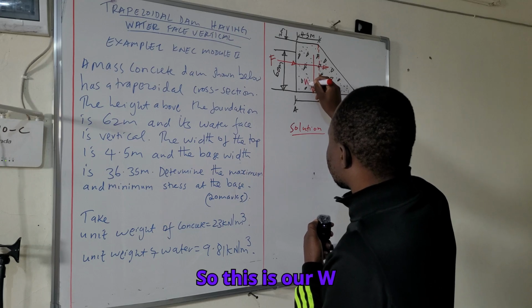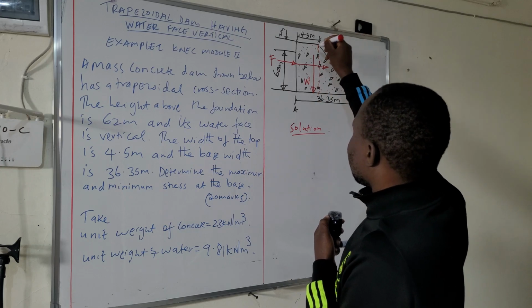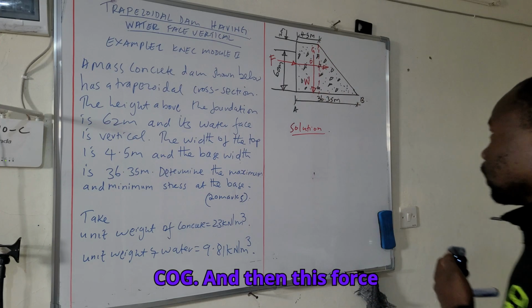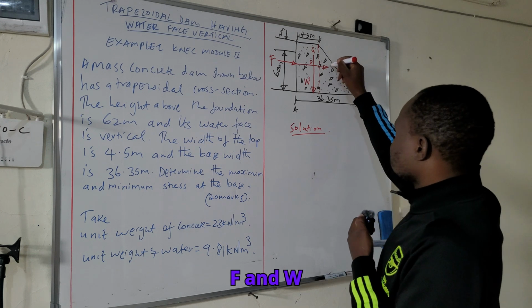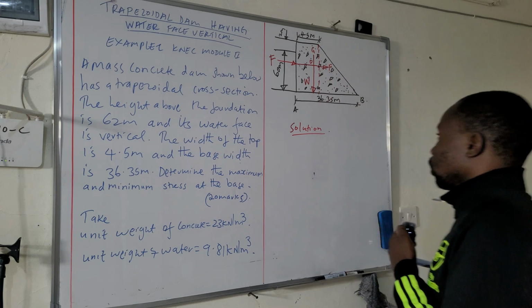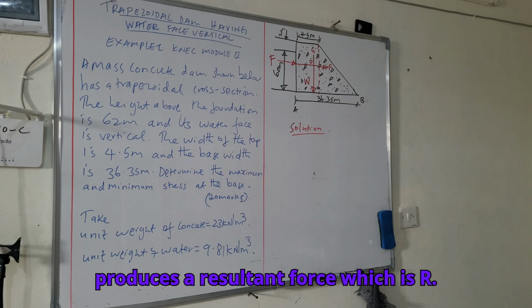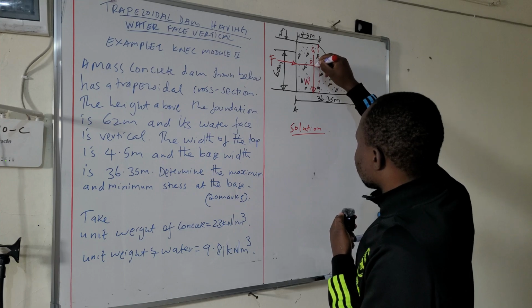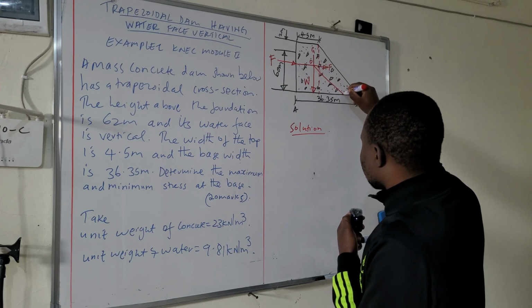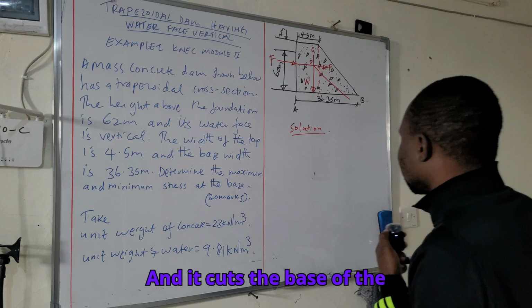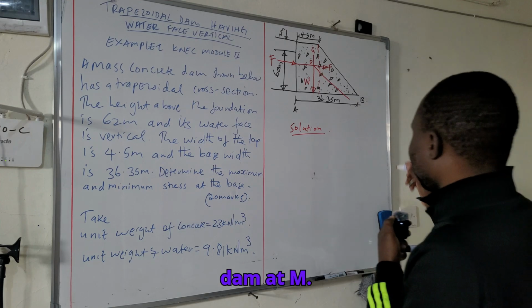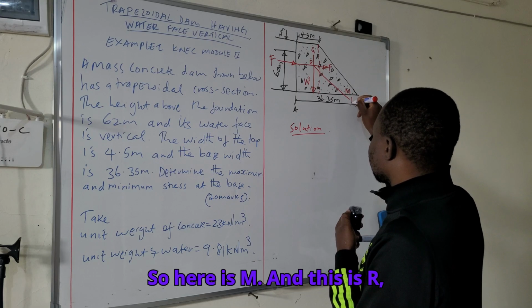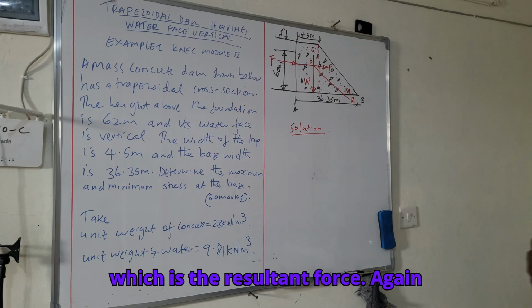So this is our W and this is our center of gravity, COG. This force F and W produce a resultant force, which is R. R is in between W and F, and it cuts the base of the dam at M. So here is M, and this is R, the resultant force.